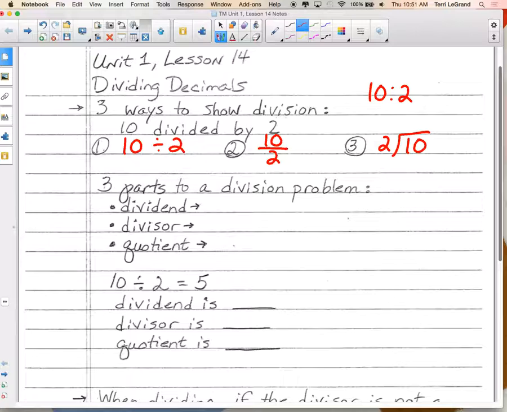So we're going to say the dividend is the number being divided into. It's kind of like our whole that we're going to find out how many parts we can take out of.